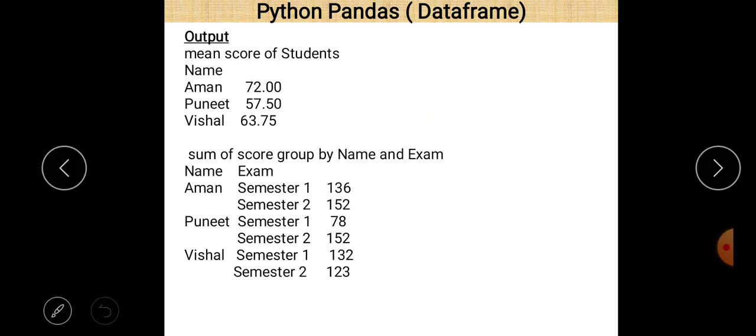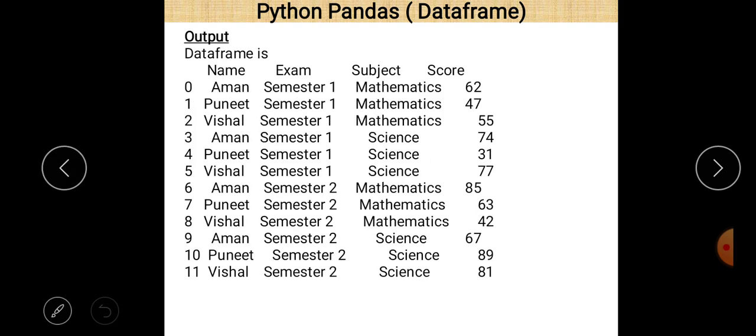You can easily see that these are the sum of marks, semester 1 and semester 2. This is the sum of marks for semester 1 and semester 2. So that is the difference.